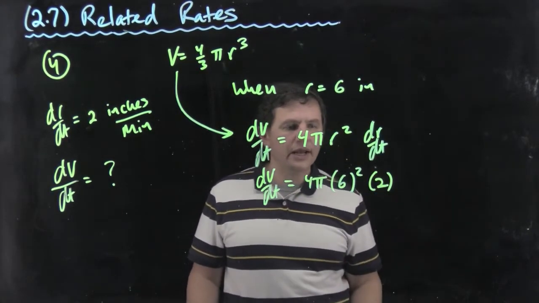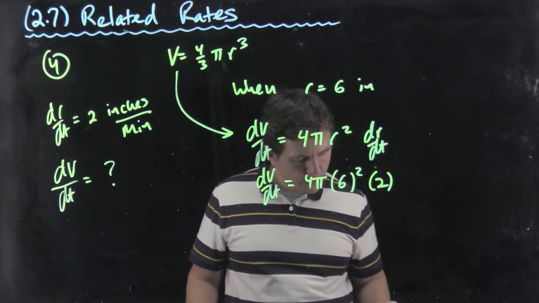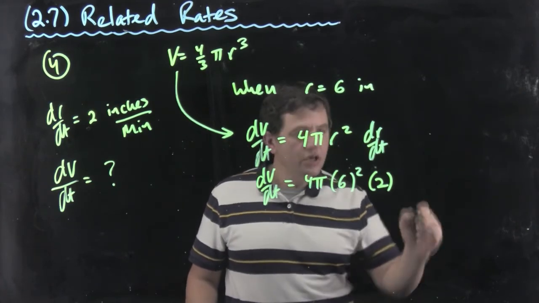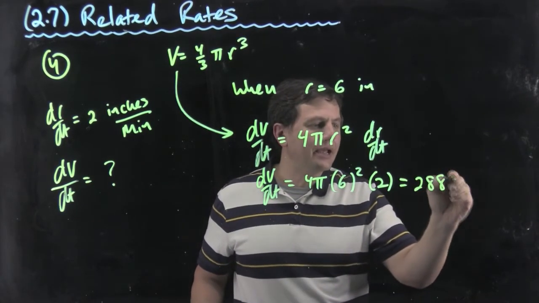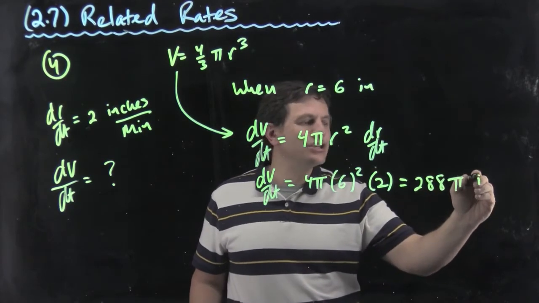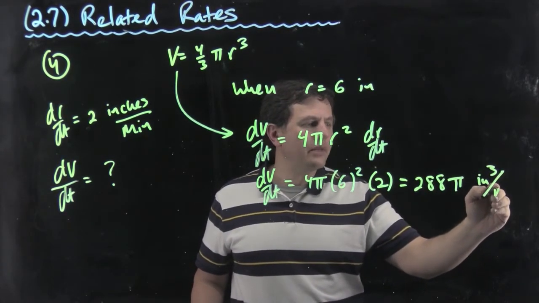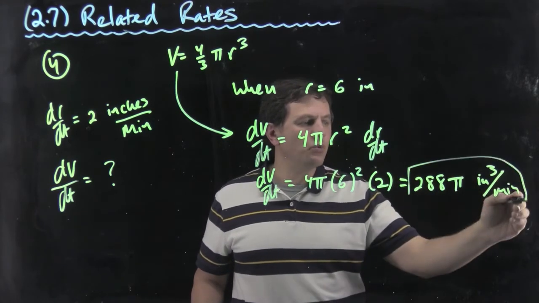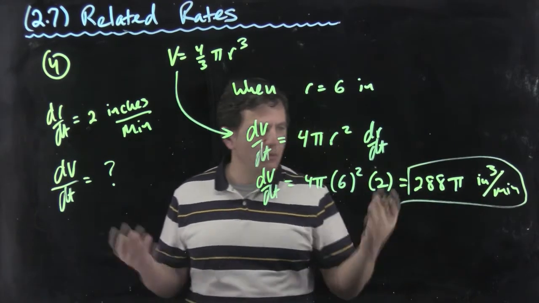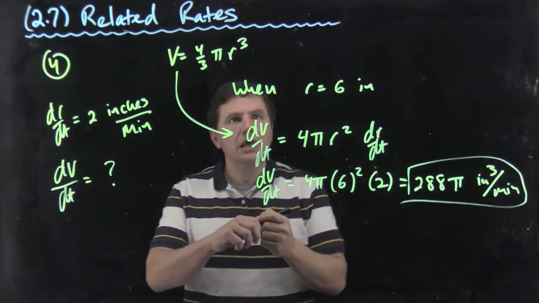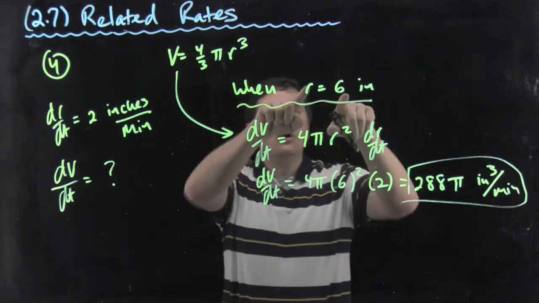Okay, so we're getting 2 times 36 times 4. So that's 288 pi, and that is going to be inches cubed, because we're talking about change in volume over minutes. If you want to use a decimal, just make sure it's accurate to 3 decimal places. I don't particularly care. So that's when R is 6 inches.